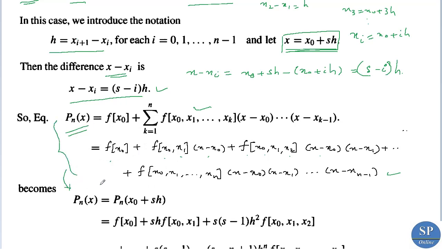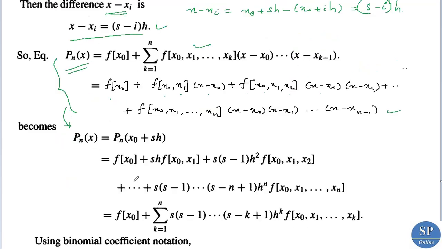Now Pn(x) becomes, with x equal to x0 plus sh, Pn(x0 plus sh) is equal to f of x0 plus f of x0, x1 into x minus x0. We have x minus x0 is equal to s minus 0 into h, or s into h, right?